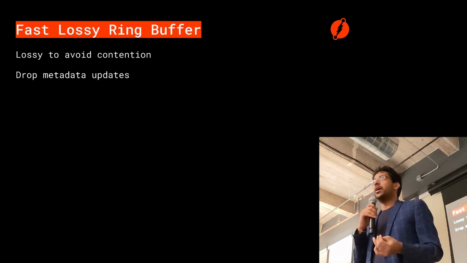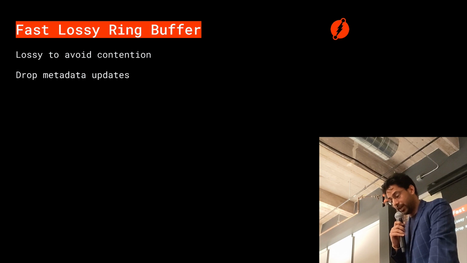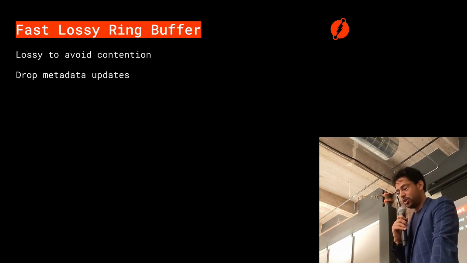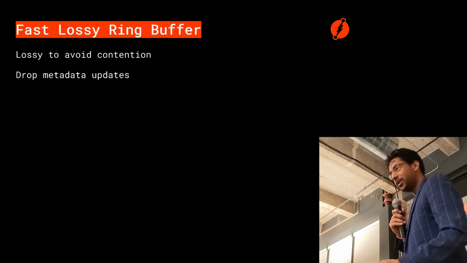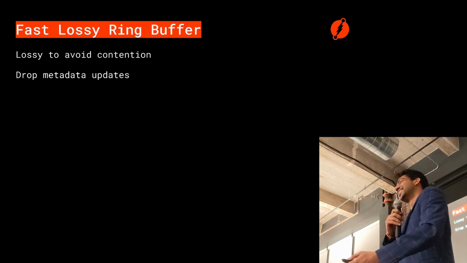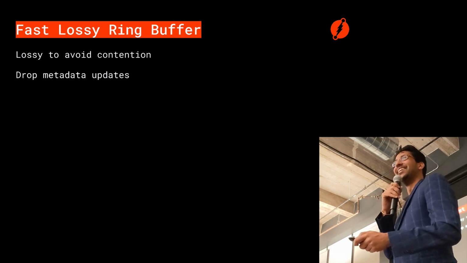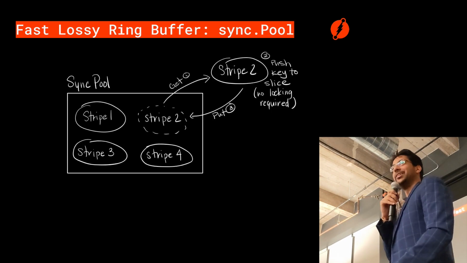So we came up with a new mechanism to build lossy ring buffers using a Go data structure which does have access to thread local storage. Does anybody want to guess what that is? Sync.Pool.